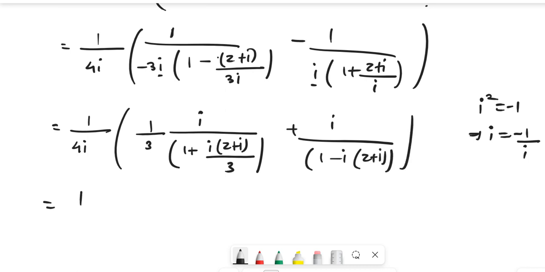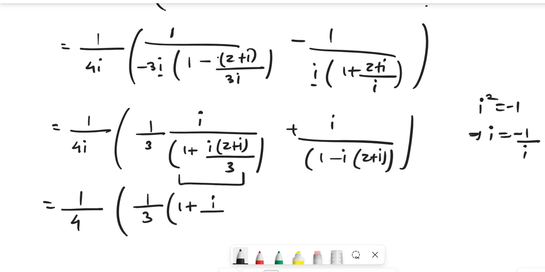Now this can be written as 1 upon 4i, now multiply the whole bracket by i, 1 upon i to the whole bracket. We will get 1 upon 4, 1 over 3, and this can be written as 1 plus i over 3 times z plus i whole inverse, and 1 minus i times z plus i whole inverse.